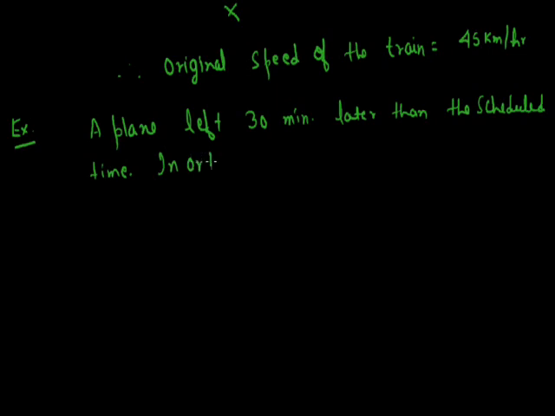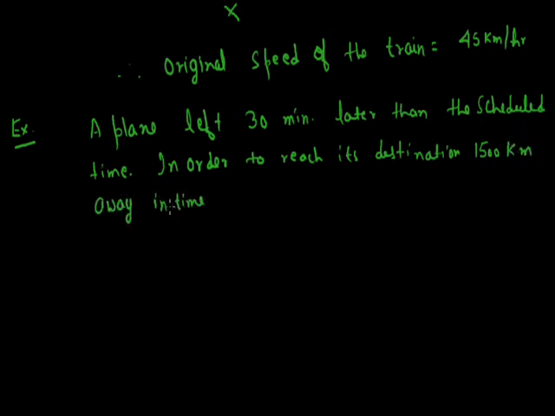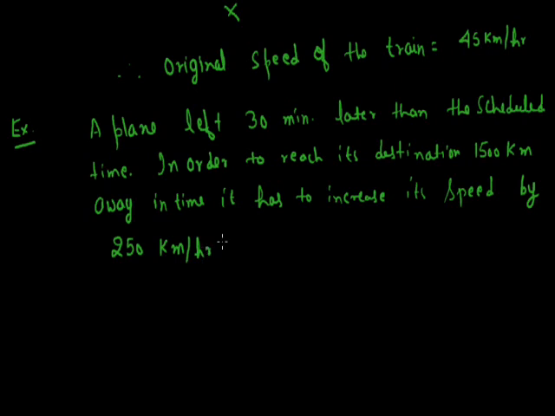In order to reach its destination, 1500 km away, in time, it has to increase its speed by 250 km per hour from its usual speed. Find its usual speed.